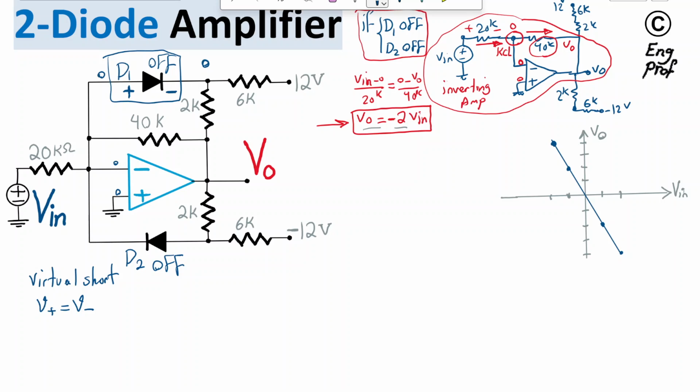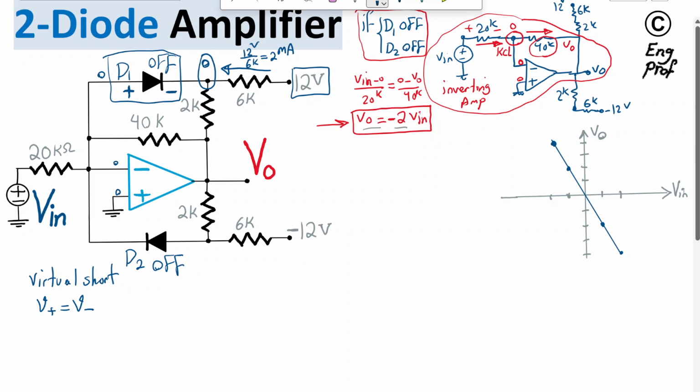So if this is the borderline moment when the diode starts turning on, there is a current through the 6K flowing from 12 volt, and here is 0. This current is obviously 12 volt divided by 6 kilo ohm, which means it's 2 milliamp.